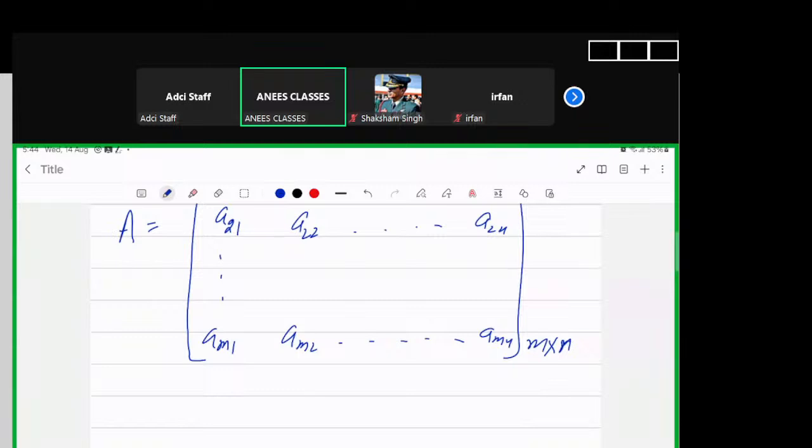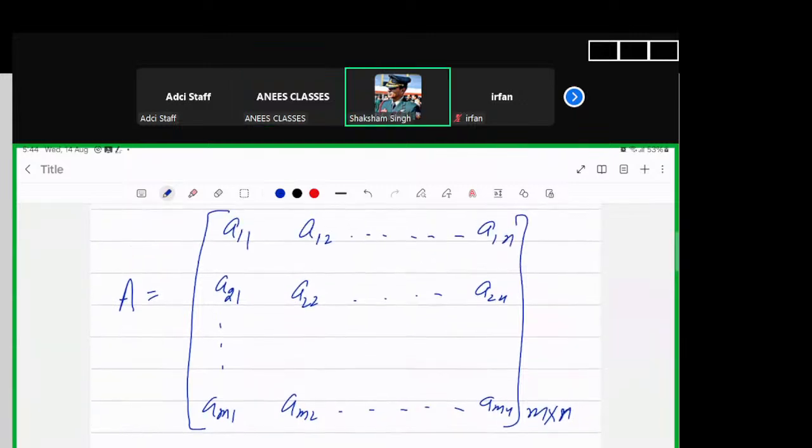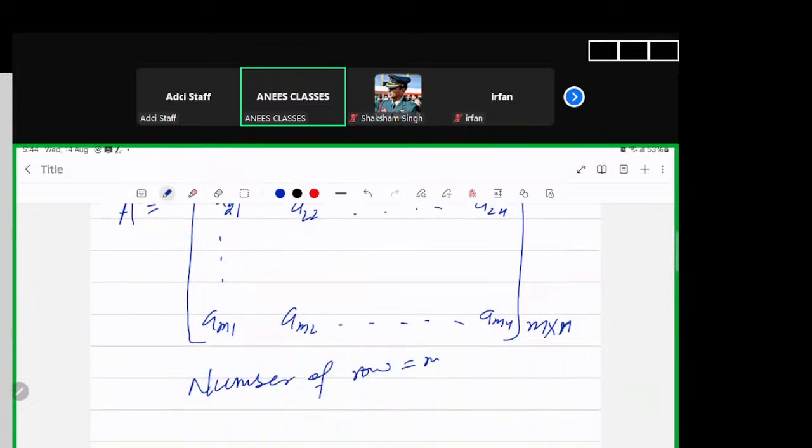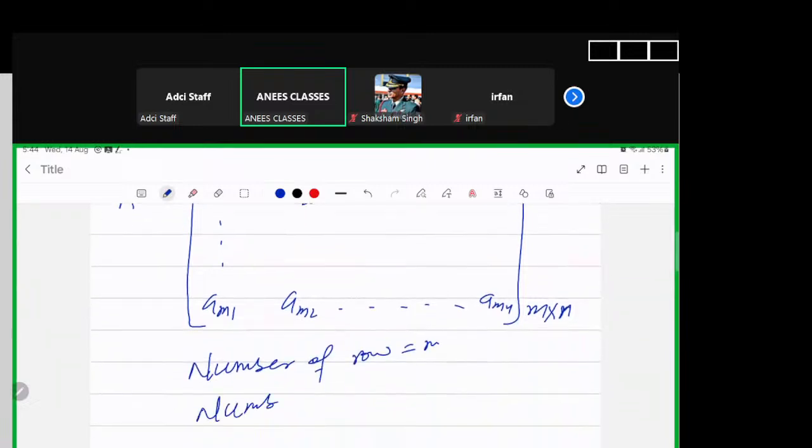Saksham, understood? Yes, sir. So the number of rows here is m. Number of columns here is n. So the size is m by n, m cross n, right? This is called the size of a matrix.